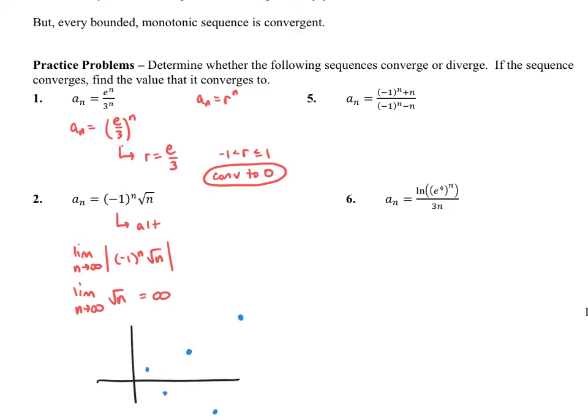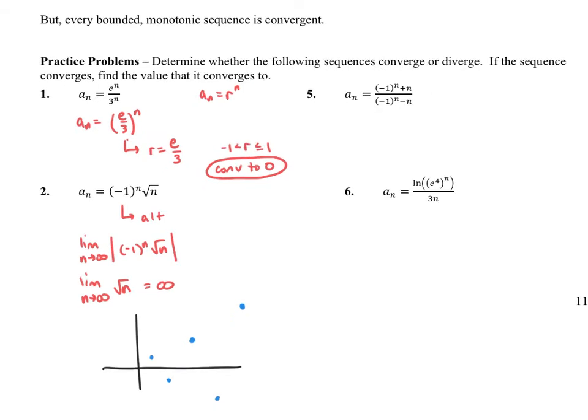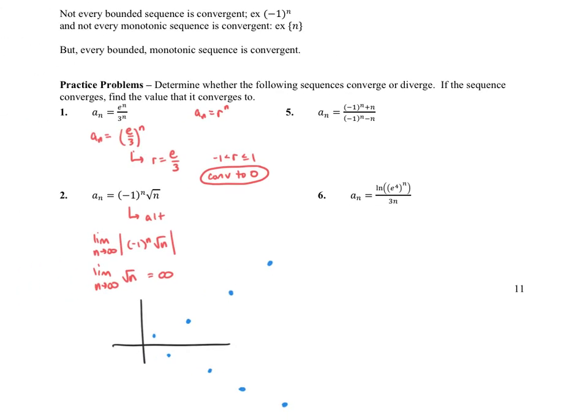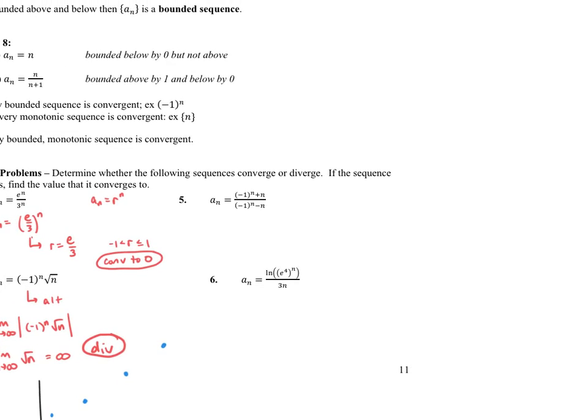What you can see is that the absolute value of each of the terms is getting larger, and yet it's alternating. So it's getting further and further apart from each other like this, and we can see that it has to diverge. Let's go ahead and write that. So this is going to be divergent. Number 2.